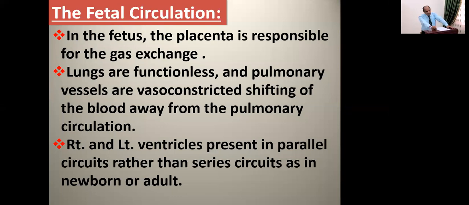In the adult, or in the extrauterine life, as you know, the blood will be drained from the venous circulation of the lower part of the body and upper part with the inferior and superior vena cava to the right atria, then to the lung, then through the pulmonary artery, then it will be returned to the left atrium through the pulmonary vein, and then it will be shifted through the mitral valve to the left ventricle, then from the left ventricle, it will be shifted through the aorta to the whole part of the body.